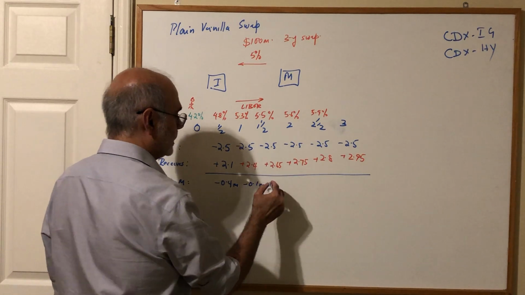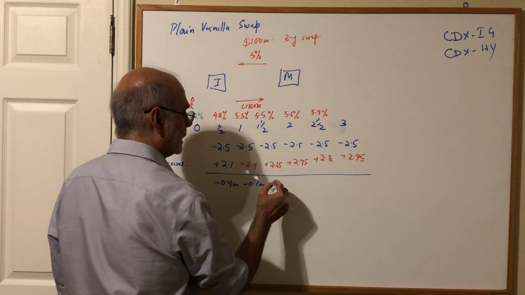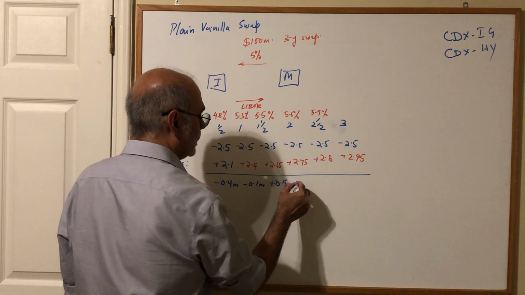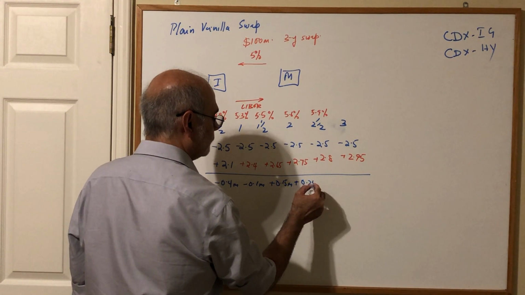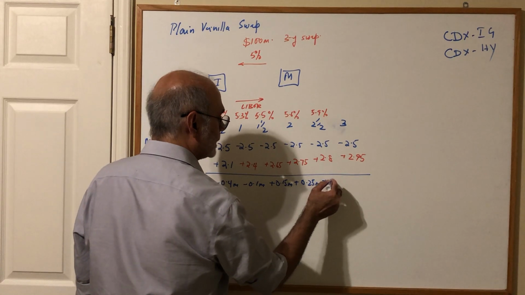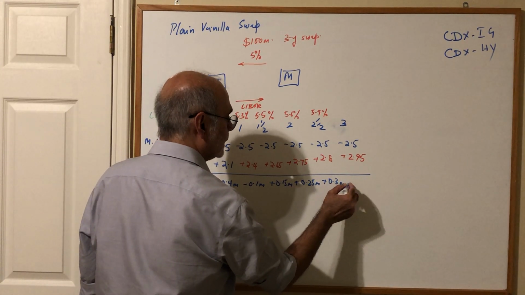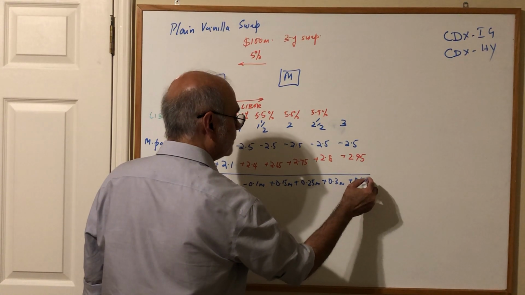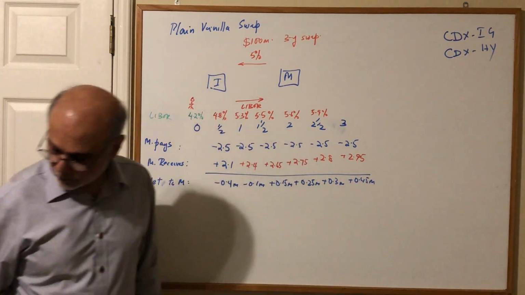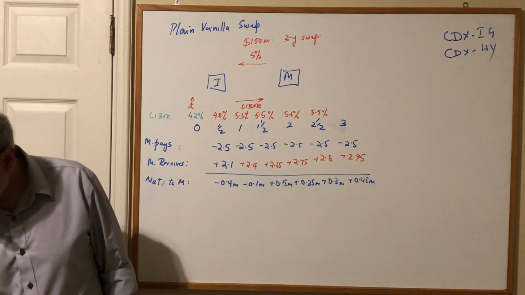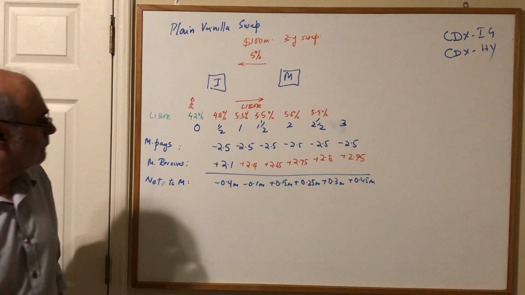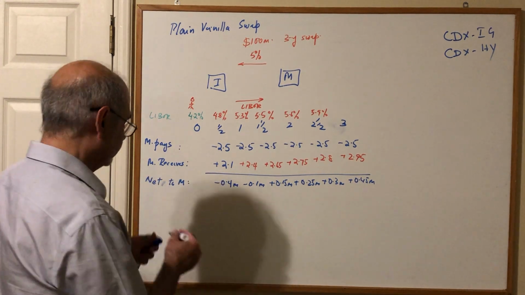And then it becomes plus 0.15 million, plus 0.25 million, plus 0.3 million, plus this is 0.45 million. So those are all the net cash flows. 15, 25, 30, 45. Okay.